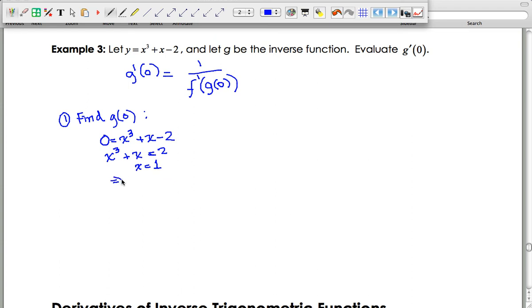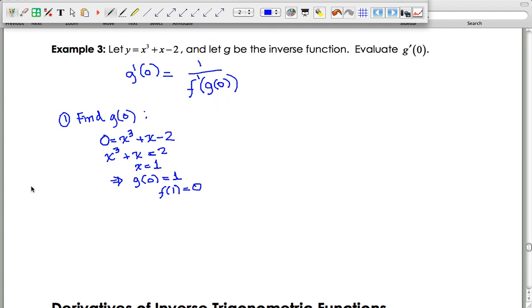That means that if we switch roles, g of 0 equals 1. Why is that? Because we have switched roles, because f of 1 equals 0. We did f of x equals 0, f of 1 is the one that equals 0. That's the first step. Now we know this little value here. This is 1.